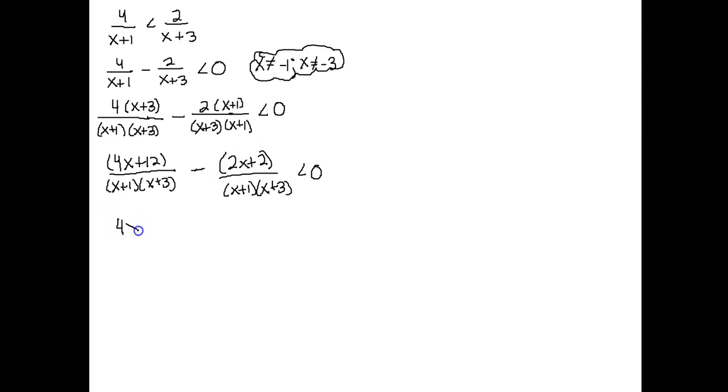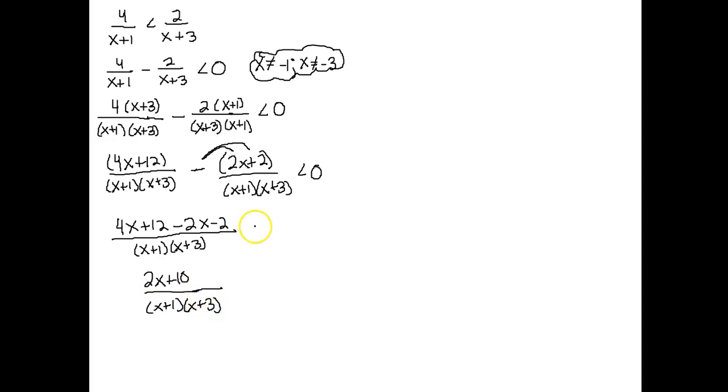So you have 4x plus 12, then don't forget to distribute your minus sign: minus 2x minus 2, over x plus 1 times x plus 3. So you have 2x plus 10 over x plus 1 times x plus 3, and this is still less than 0.